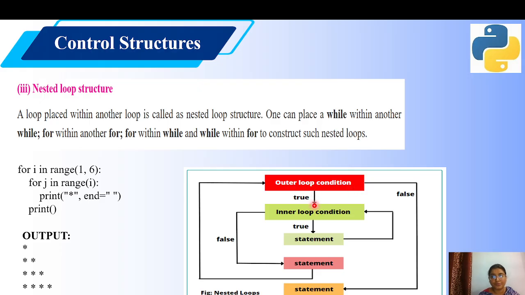When it becomes true, then we have the inner loop condition, and when this condition is true, we execute this statement, and again it comes back. When it becomes false, we return to the outer loop condition, and again the whole process is done. So this is the nested loop structure.